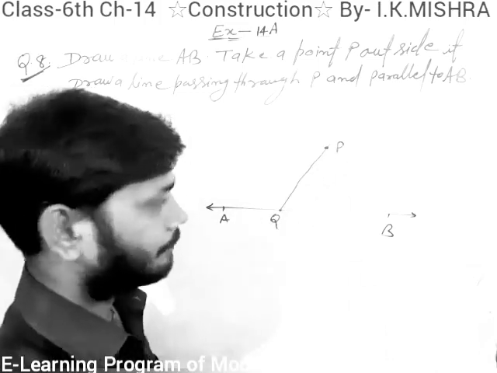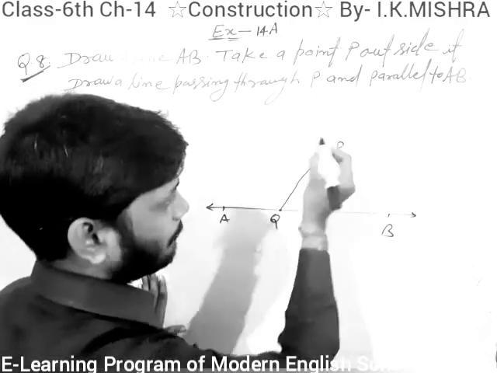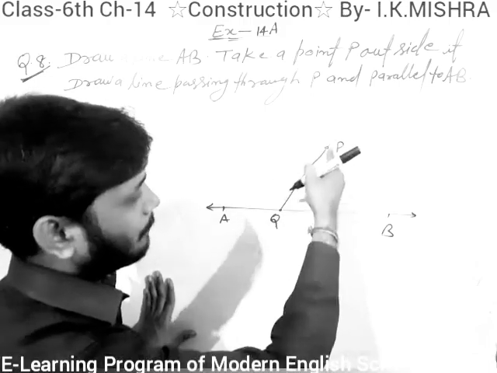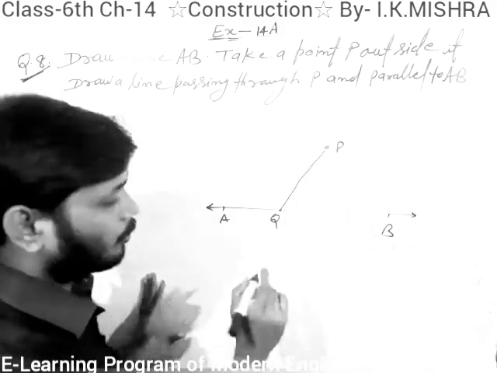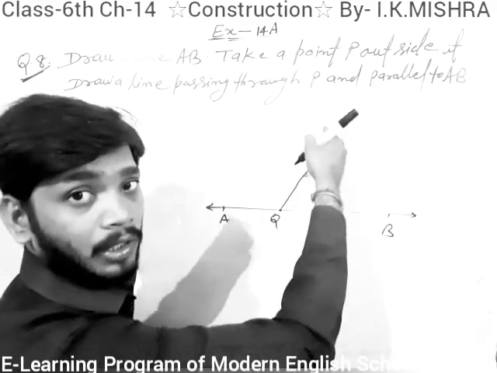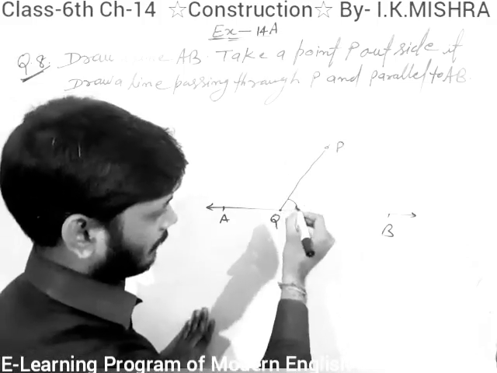And now students, you construct here at the point P, in this direction, an angle equal to angle PQB. Here you have to construct an angle. You construct an angle which is equal to this angle.